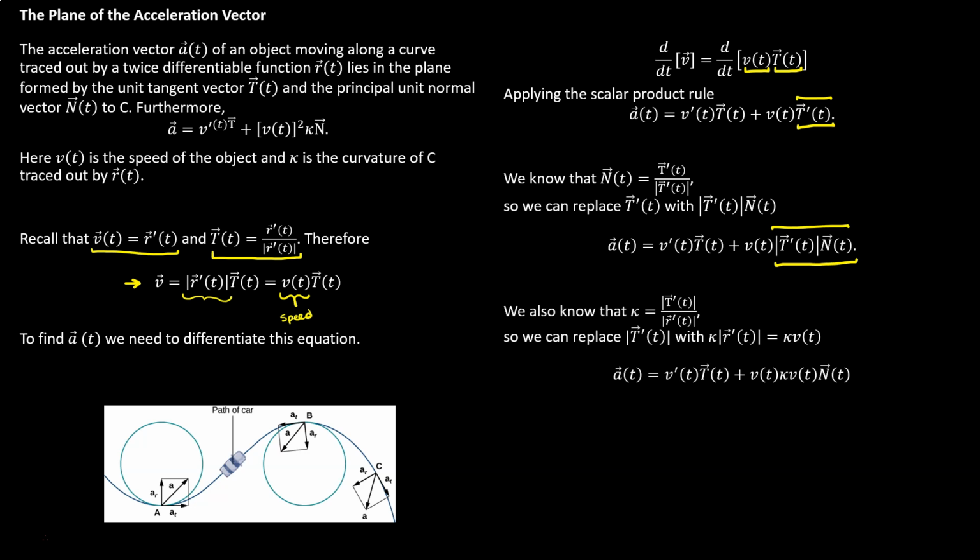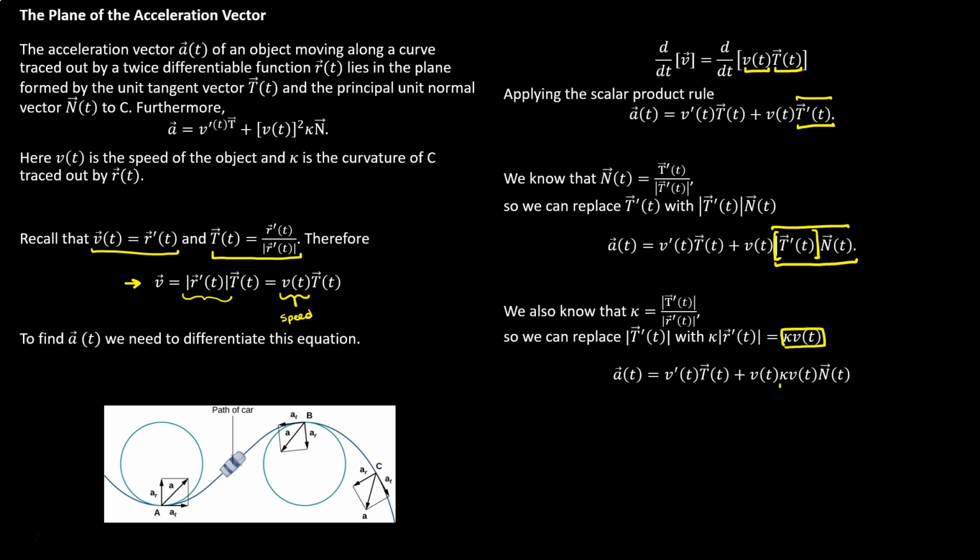We also know that kappa, that's our curvature constant, can be calculated using the magnitude of t prime divided by the magnitude of r prime, which means we could then replace that t prime magnitude with kappa times magnitude r prime, or better yet, with kappa times magnitude v of t, that speed.